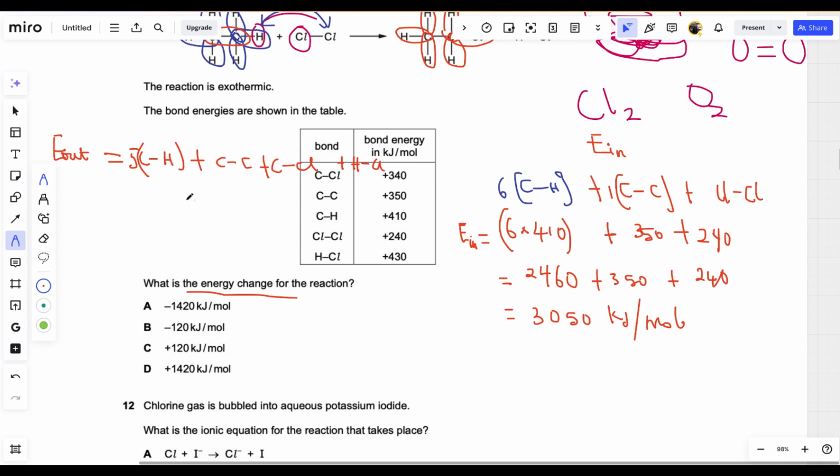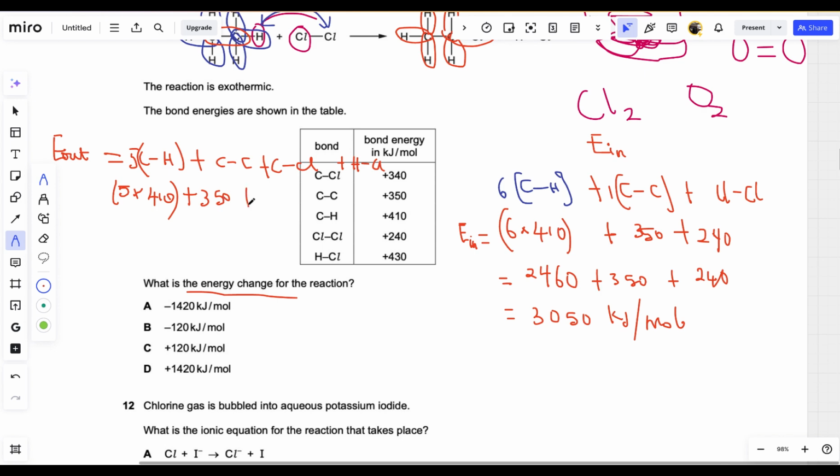Okay, let's add them. 5 times carbon to hydrogen is what? Carbon to hydrogen is 410, so 5 times 410. Plus carbon to carbon, which is 350.